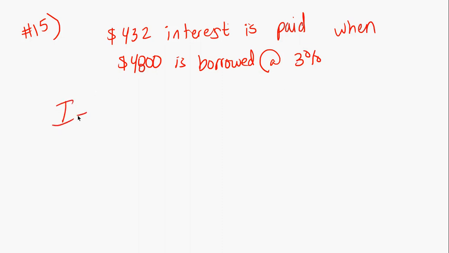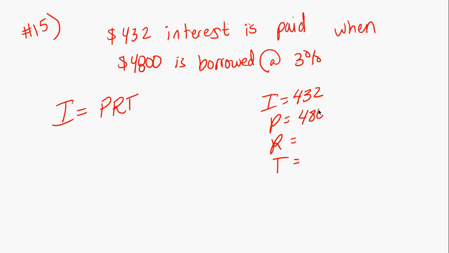So remember, the formula is I equals PRT. So let's go ahead and label each of our variables. It says we do I, P, R, T. I is going to be our interest, so that's 432. P is our principal. That's what we either put into the account or borrowed, which is 4,800.